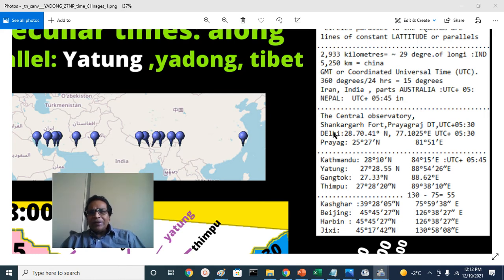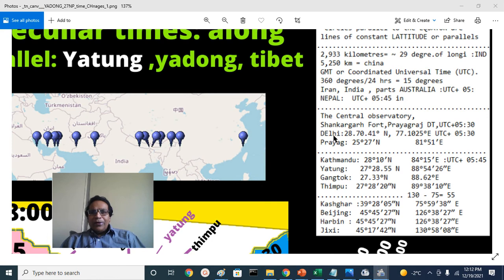That is a place called Shankargarh Fort, near Prayag, Allahabad. So thus the point is taken to calculate the time in India. That is Shankargarh Fort, Prayag, Allahabad, 5.5 hours east of UTC or GMT.